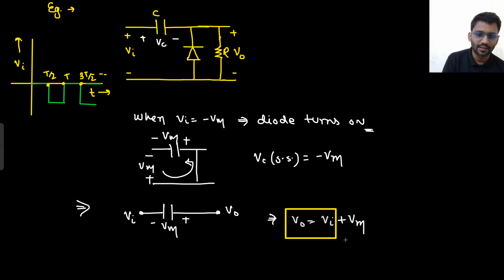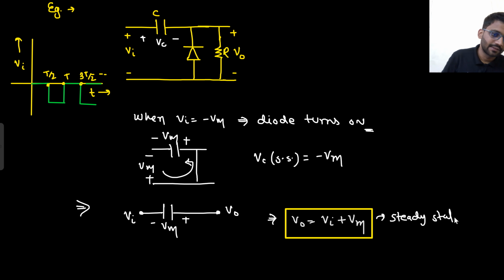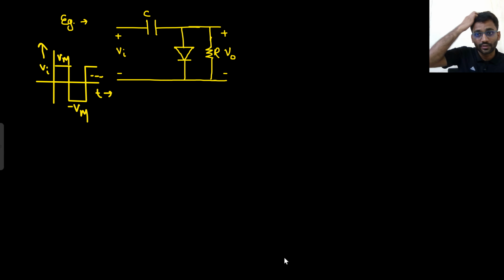So this complete input will be shifted upward. That will be our steady state output. Well and good. Vi plus Vm. Let's move on to the next question.